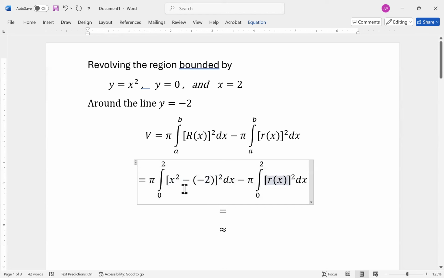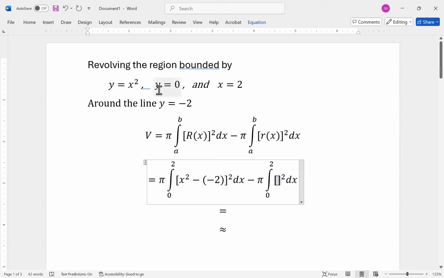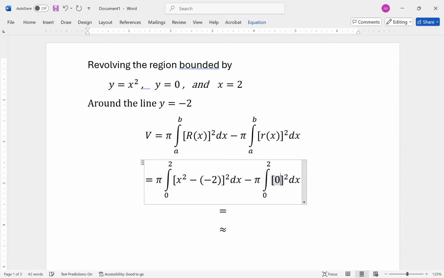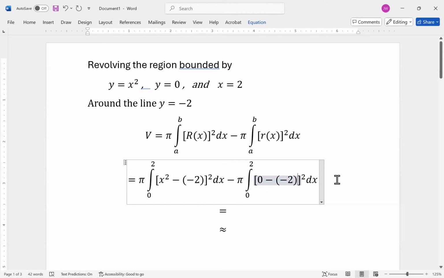It should make sense that you're basically adding 2 to x squared because we're making that radius longer by 2 compared to rotating it around the x-axis. Now my inner radius, well, that goes from the bottom of my region. The bottom of my region is determined by y equals 0 down to -2 again.